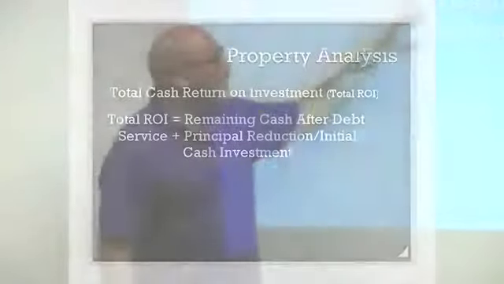The relationship between our cash flow, amortization, or depreciation, or appreciation, you could put all 4 of those things on the numerator of that equation. And then we divide those by our initial cash investment. Typically, that will be our down payment and closing costs, to keep it simple.